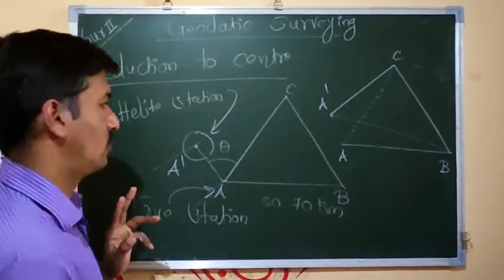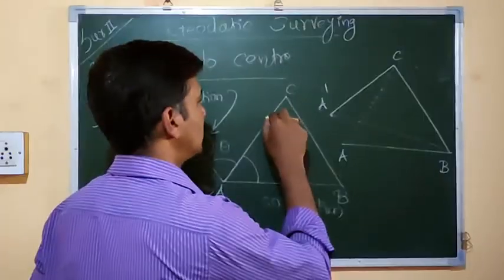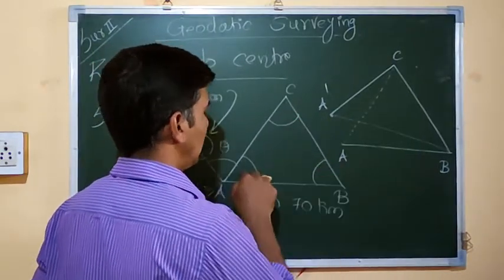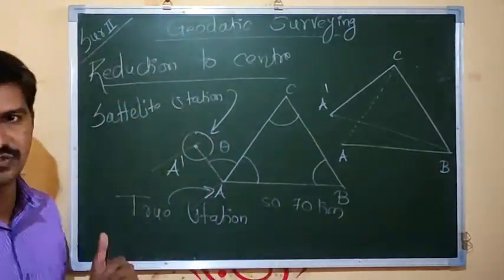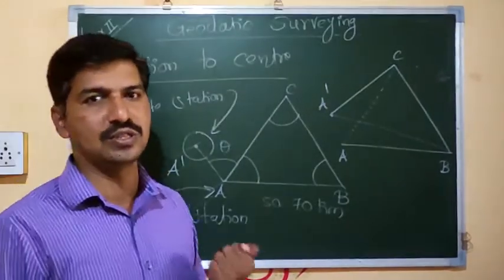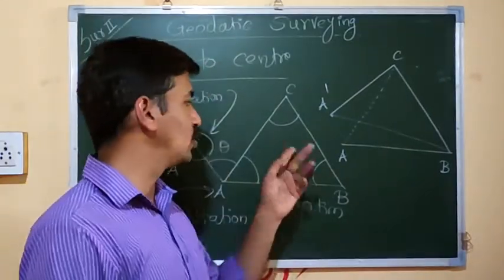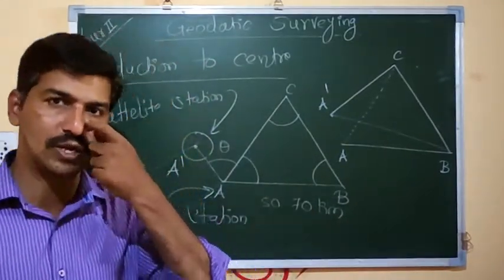Now, if we measure these angles, one of the angles is to be obtained from the field measurements, and the remaining two angles are to be obtained by calculation.